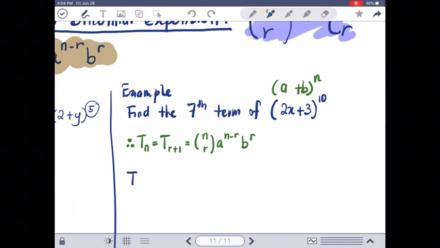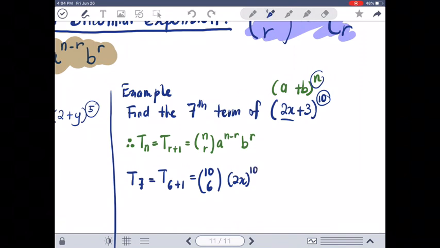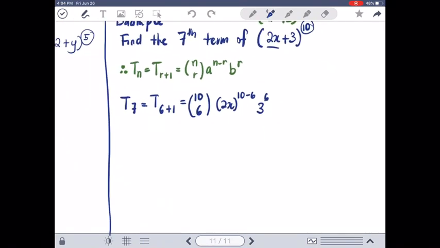So in this case, T7 is equal to T, obviously r is going to be 6, plus 1, equal to, our n is equal to 10, so 10C6, our a is 2x to the power of 10 minus 6, b is 3 to the power of 6.